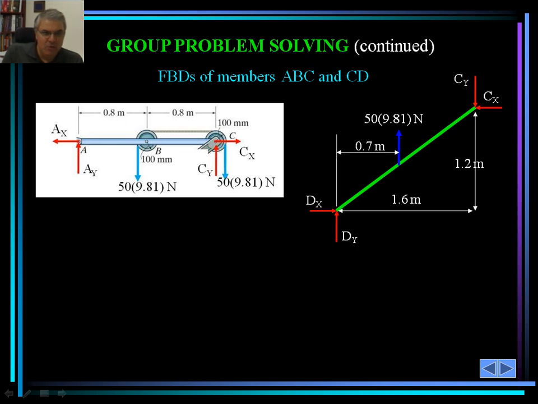For member ABC, we produce the member here with the red forces shown as the external and internal reactions for the pin at these points. As you can see, at C sub Y and C sub X at C, we have 3 of them.